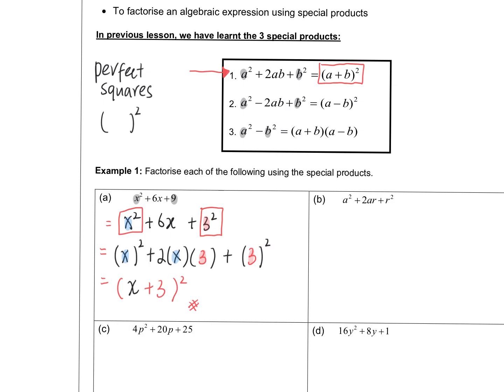I'm just doing reverse engineering. This is a squared. This is my 2ab. This is my b squared, so I should get back (a plus b) squared. So that's why I get this. Same thing here, I'm going to repeat the same process.